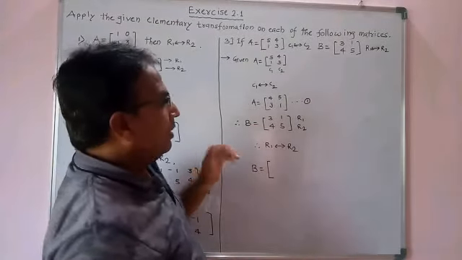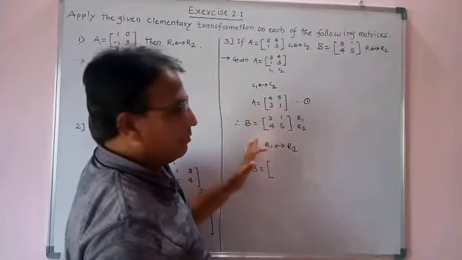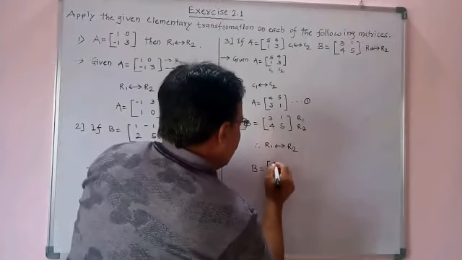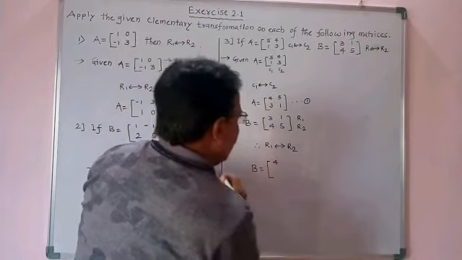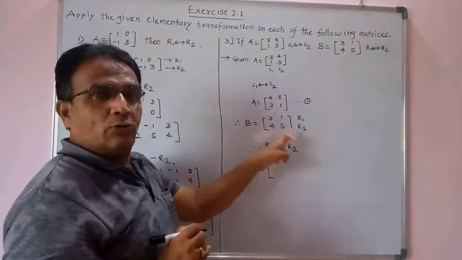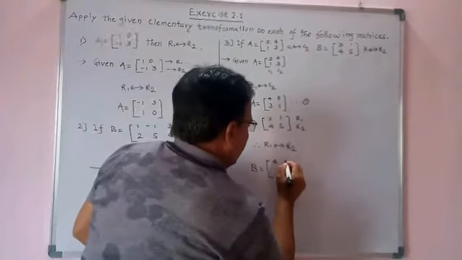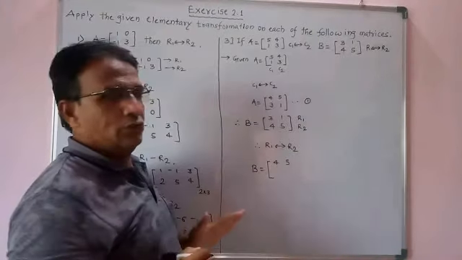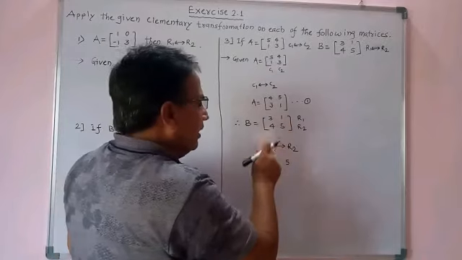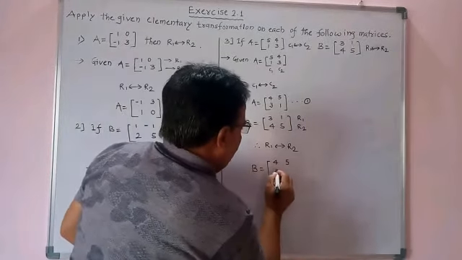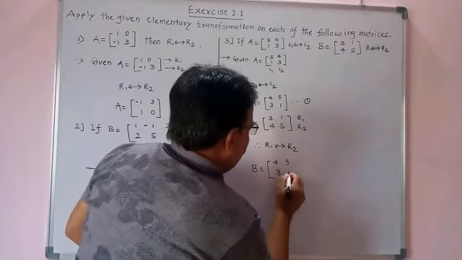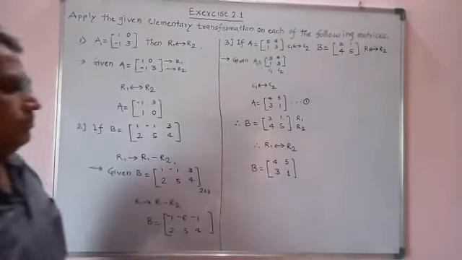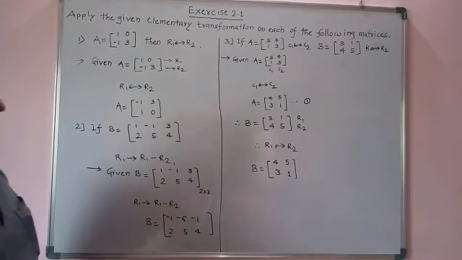Firstly R2 interchange R1: 4, 5 in the R1 position, and R1 interchange R2: 3, 1 in the R2 position.